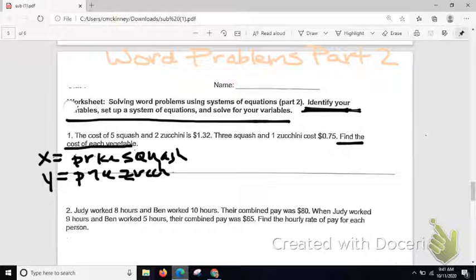So 5 squash, 2 zucchini would be 5x plus 2y. And this is only $1.32. They must be in season and really cheap right now.